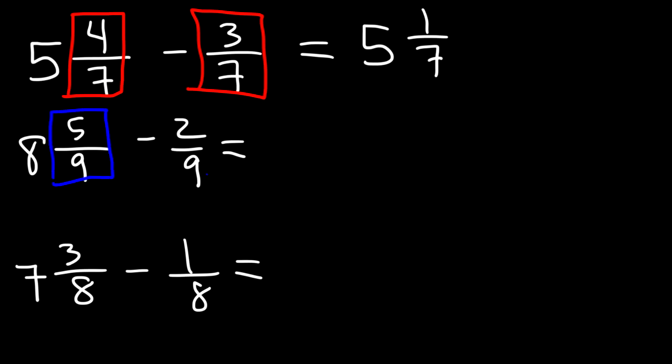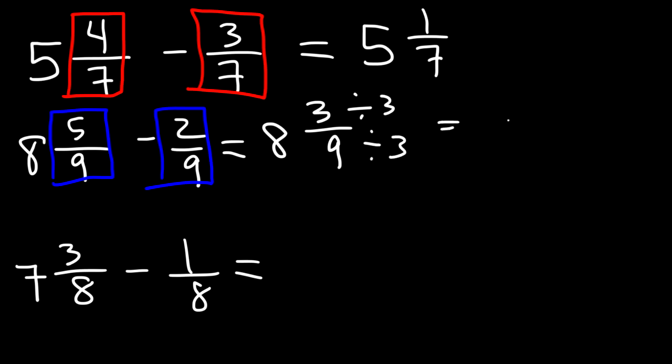So 5/9 minus 2/9, that's equal to 3/9. Now we could reduce 3/9 if we divide both numbers by 3. And so 3 divided by 3 is 1, 9 divided by 3 is 3. And so we get 8 and 1/3 for that problem.